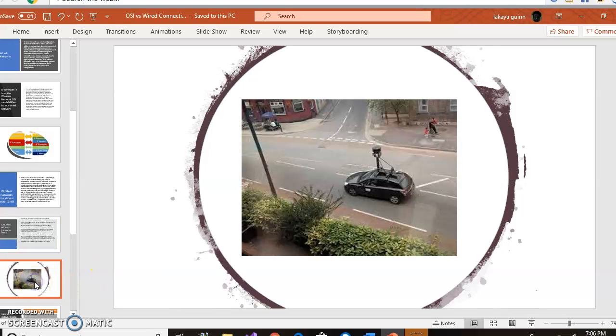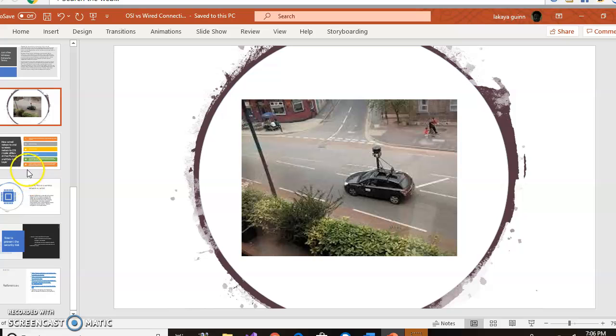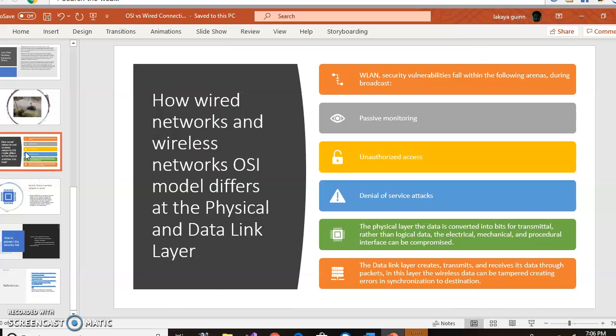Very dangerous, and it's very important that we are following proper policies and procedures every day. Security vulnerabilities that happen when the signal is broadcast with the wireless networks are passive monitoring, unauthorized access, and denial of service.